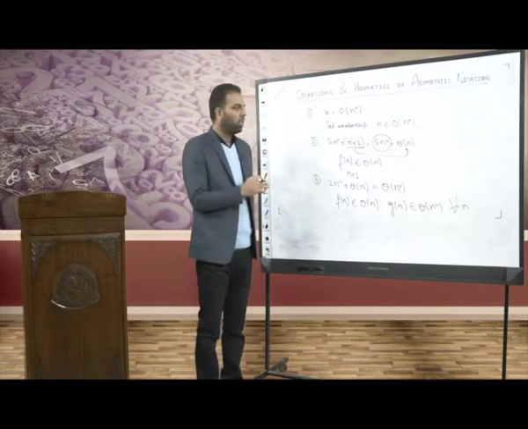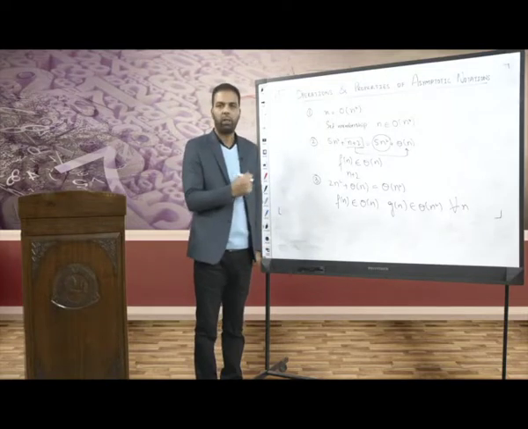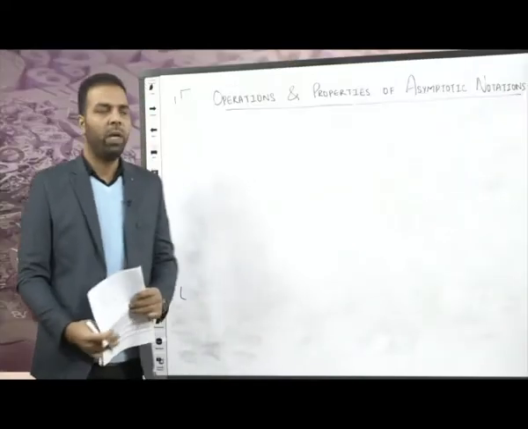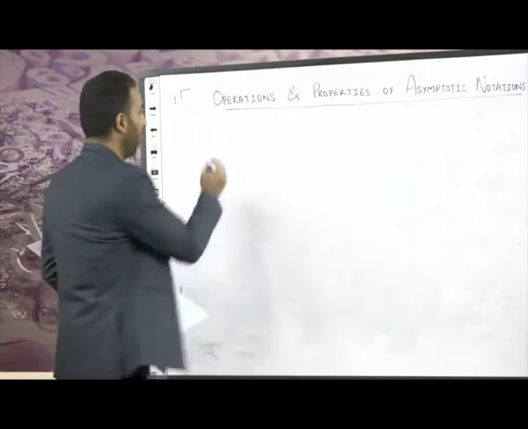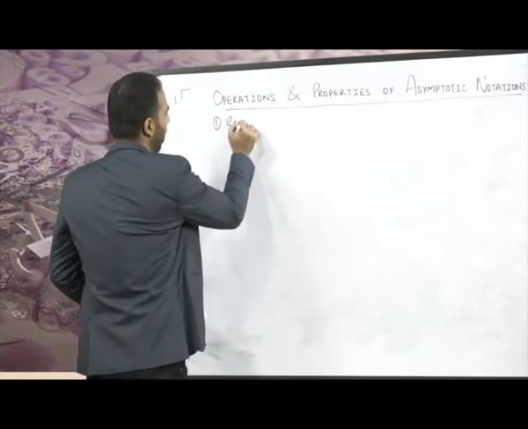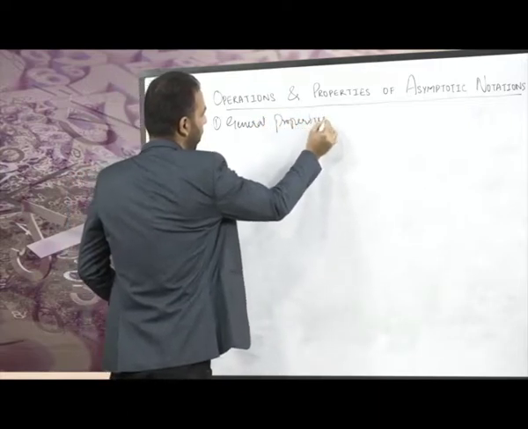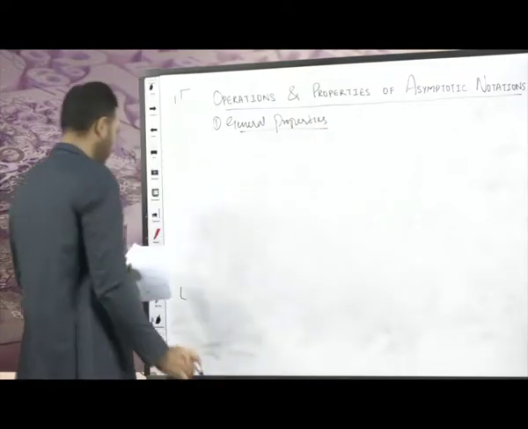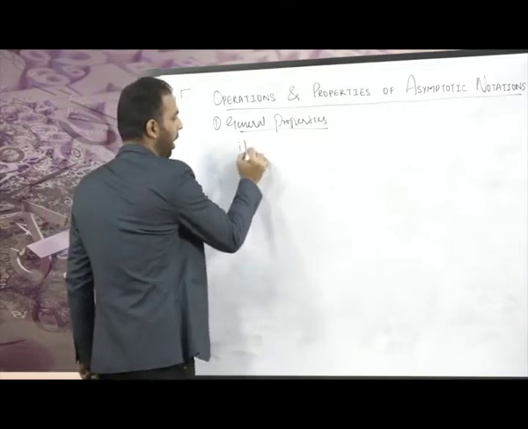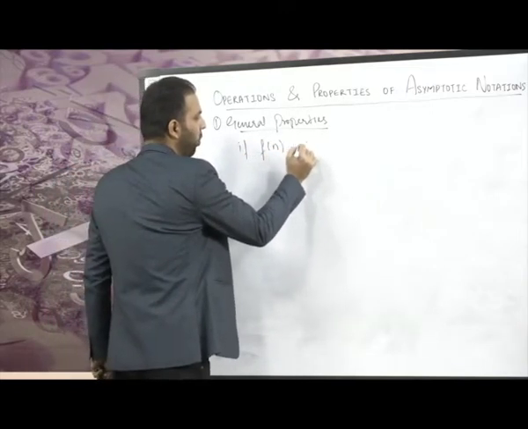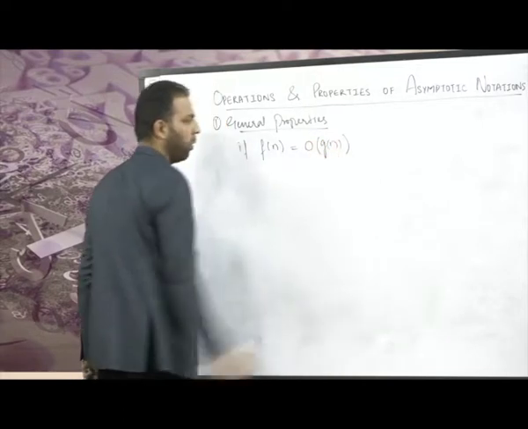Now we will see some properties pertaining to asymptotic notation which will be helpful for other topics. While discussing the properties of asymptotic notation, we'll begin with some general properties. So the first one: in general properties, if we have f of n which is equal to order of g of n, okay.